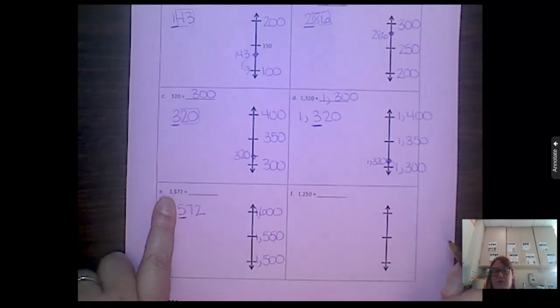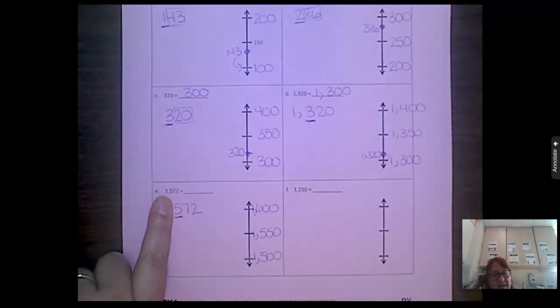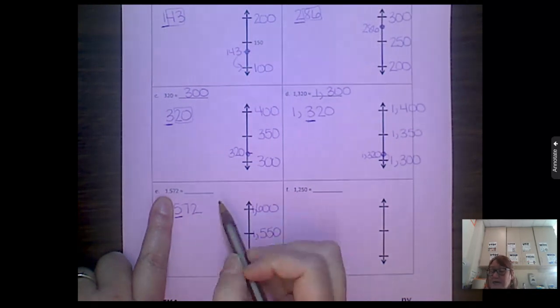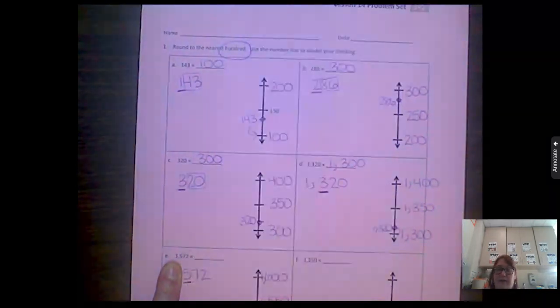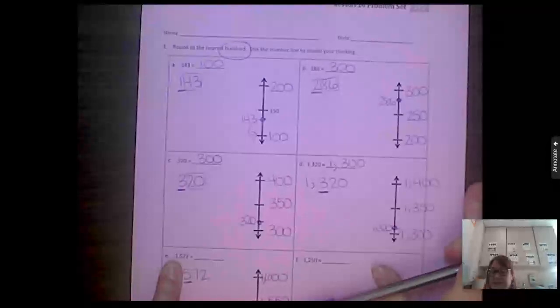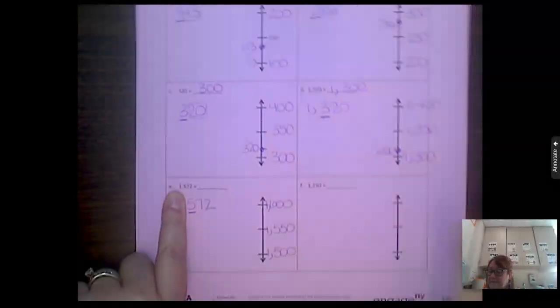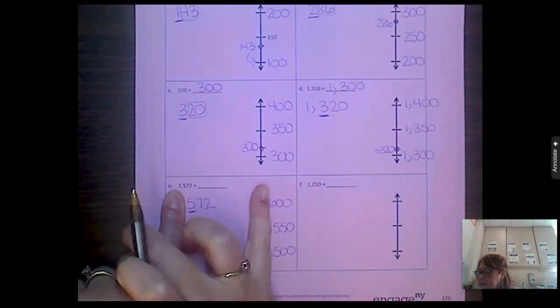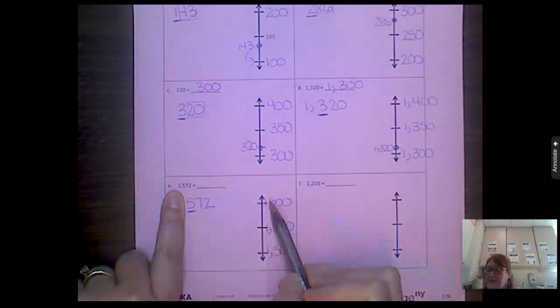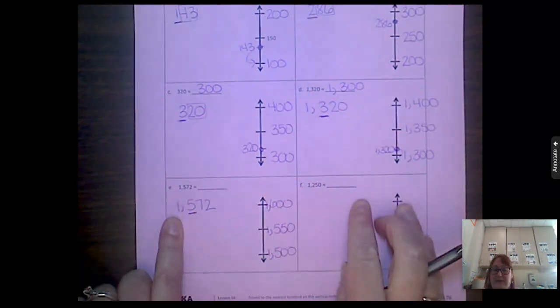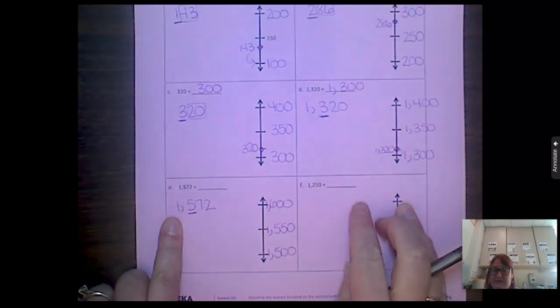So if we just cover it up and pretend that it's not even there, because we're rounding to the nearest 100, right? We're not doing anything with that 1,000. So if I just pretend that that's not there for a minute, label my number line without my thousands, then I can go back and stick that 1,000 there after. Does that make sense? Okay.